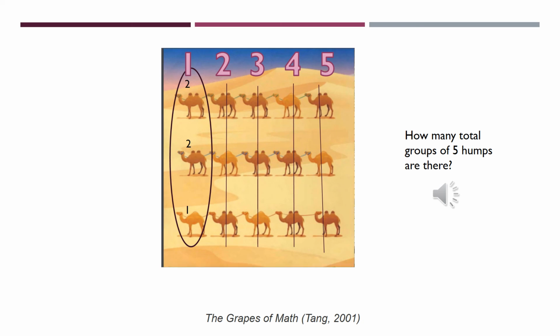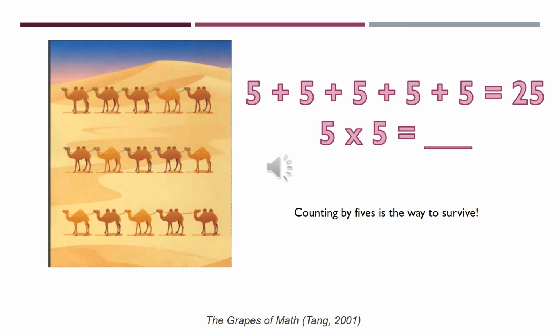How many total groups of 5 humps are there? You're right, 5 groups of 5. We could write that in an addition sentence, or it would be easier to write it in a multiplication sentence.